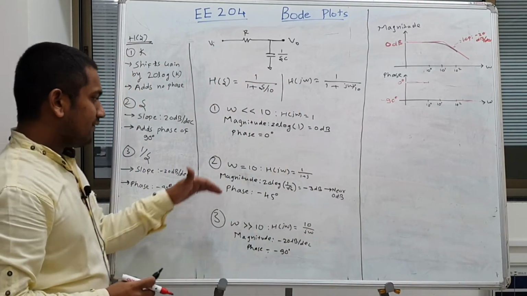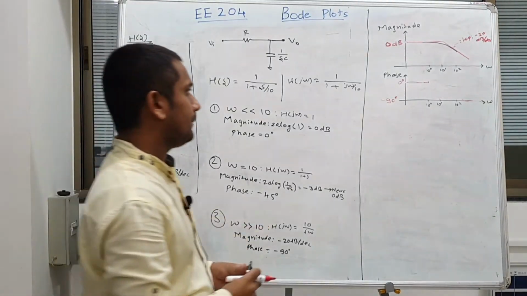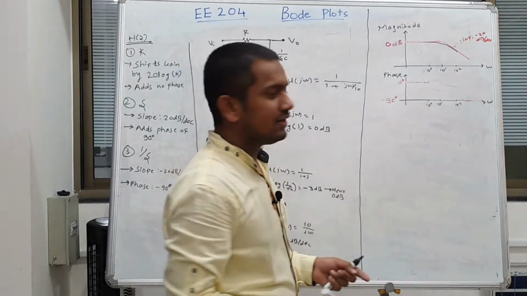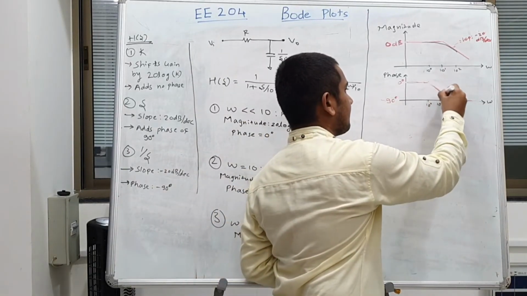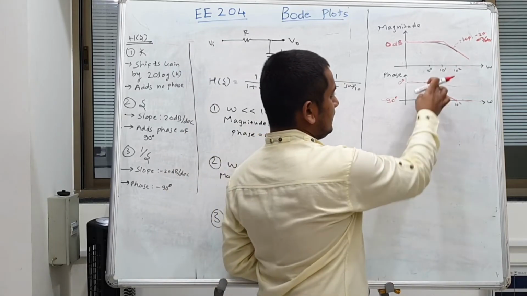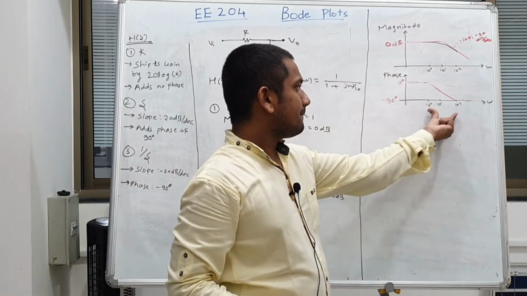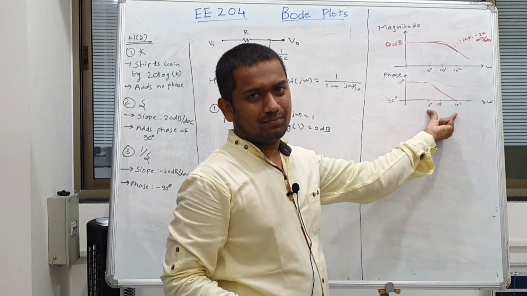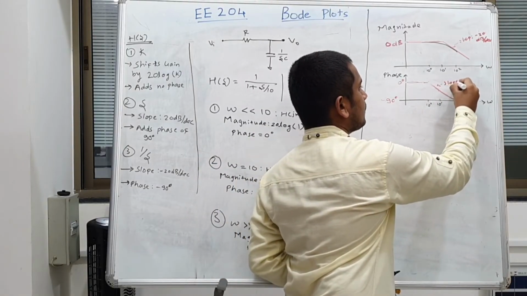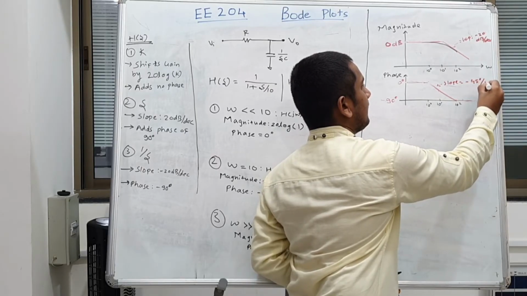Now look at the phase when we are at the pole location, that is minus 45 degrees. If we join these three dots, we can say that the phase has dropped by 90 degrees in 2 decades, meaning it has a slope of minus 45 degrees per decade.